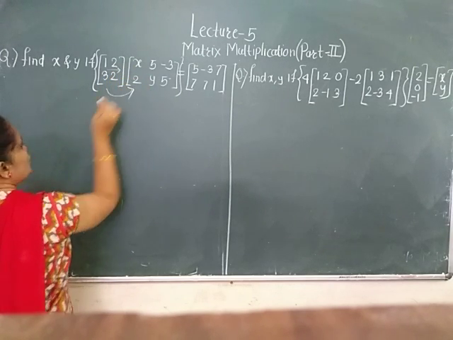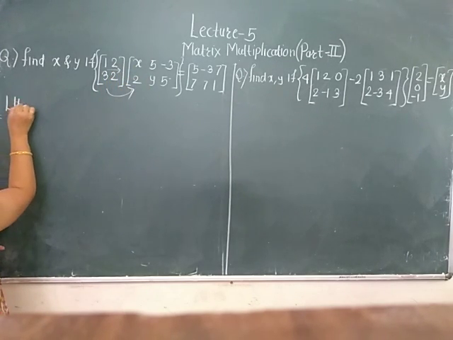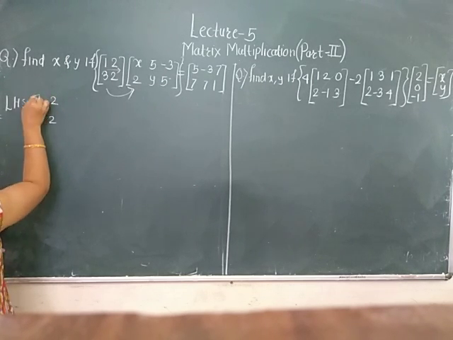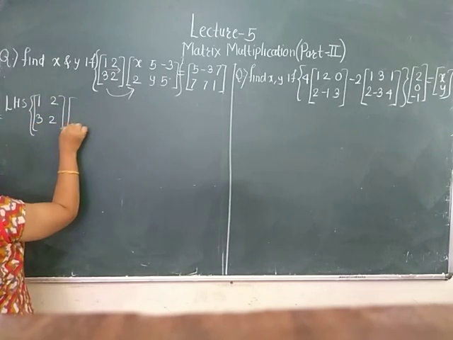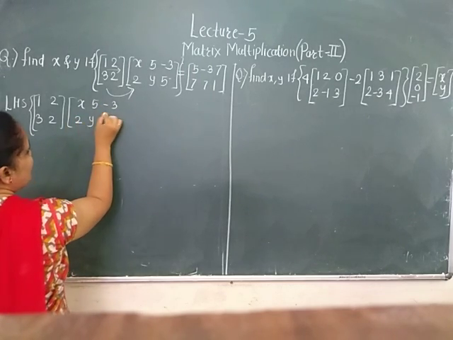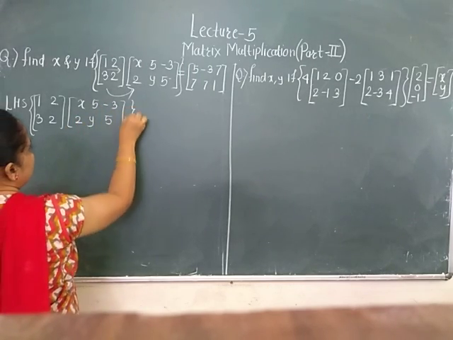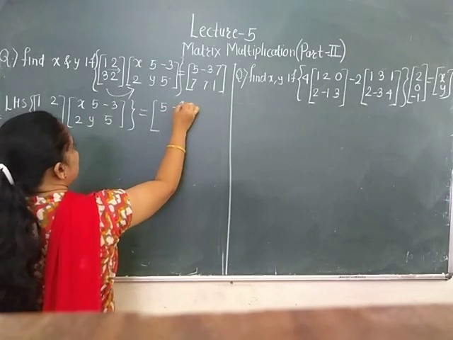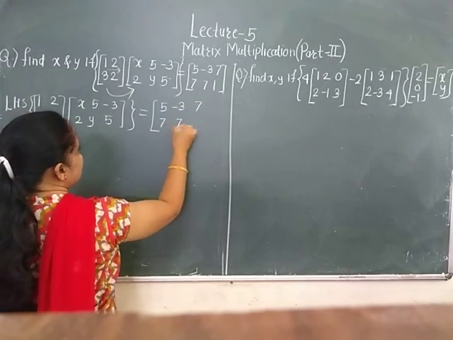First row, first column. I will write here LHS: 1, 2, 3, 2 is multiplied by x, 5, minus 3, 2y, 5, is equal to 5, minus 3, 7, 7, 7, 1.